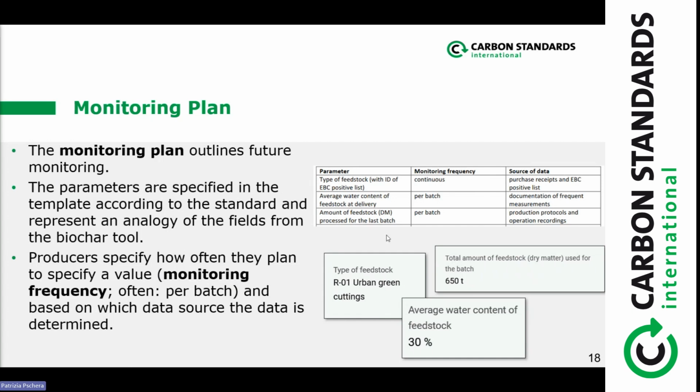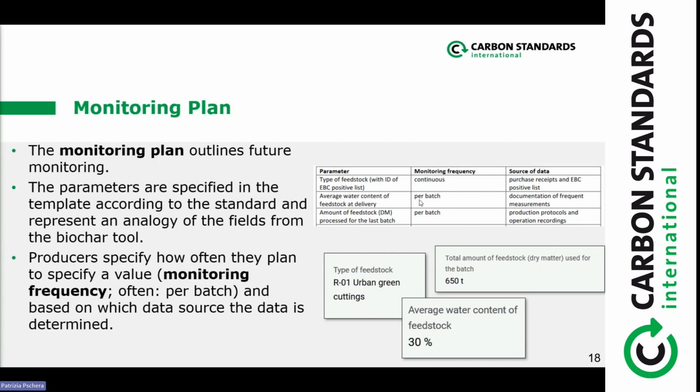So we prepared a template for the PDD that's already customized to the methodology and to the monitoring tool that we have, the Biochar tool. And as I said, producers specify how often they plan to monitor a specific value.